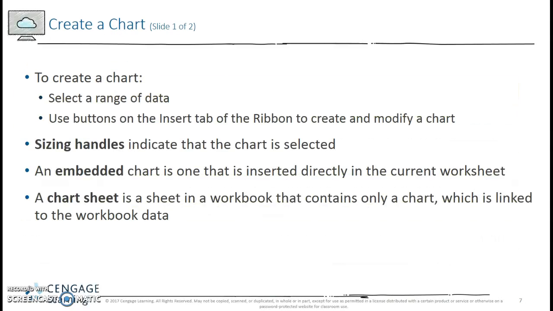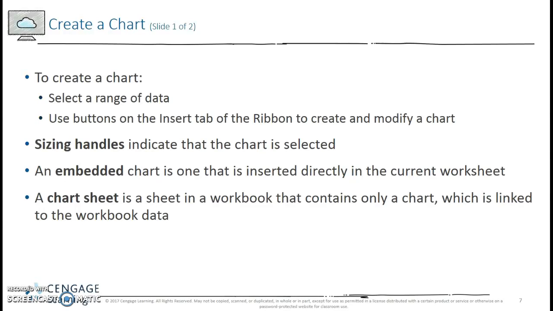So if you want to create a chart, the first thing you're going to do is select the range of data. You select the data by clicking on it and pulling that data across. And what happens is then it'll appear as a dark area, and I'll show you that in a second. And that's how you choose the range of data.